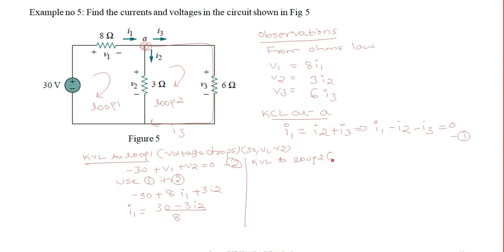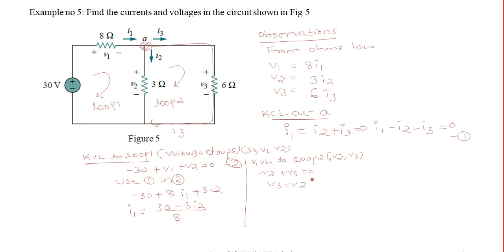We have only two voltage drops. Going clockwise, we have V2 and V3. So I can write minus V2 plus V3 equal to 0, right? Or in other words, V2 equal to V3, or V3 equal to V2.